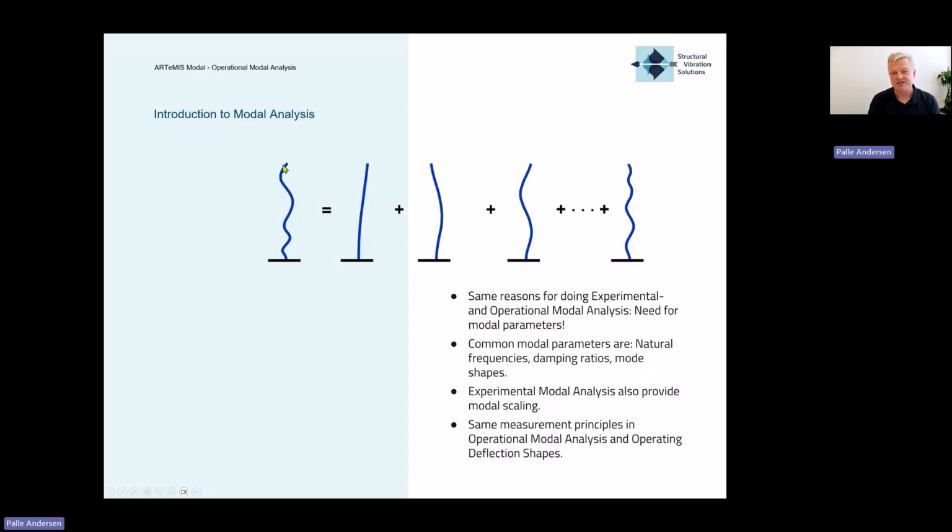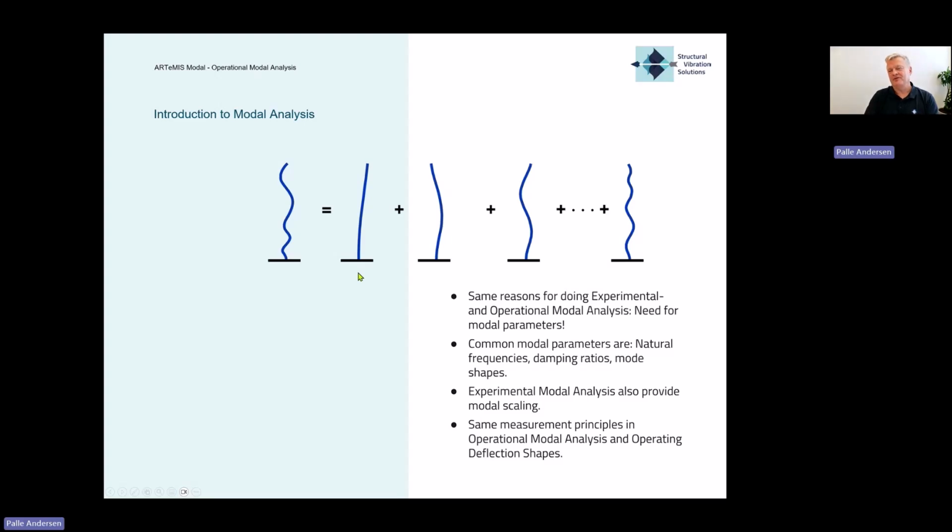Then we can use modal analysis tools to separate all the things that are measured at the same time in the physical domain into the different modes of vibration.